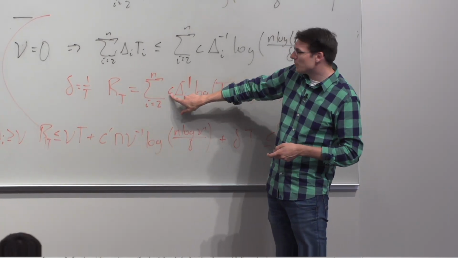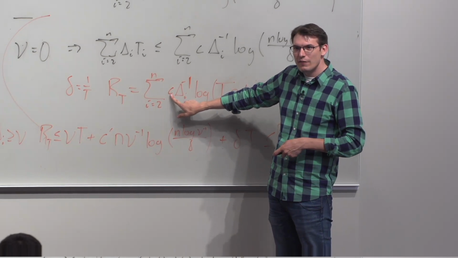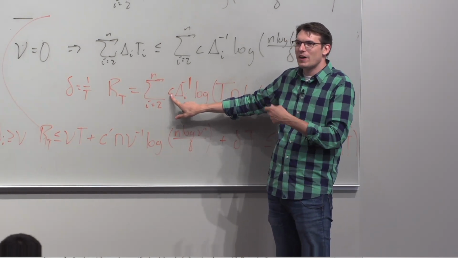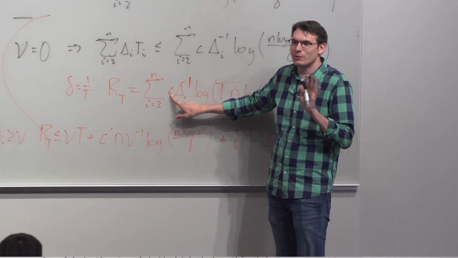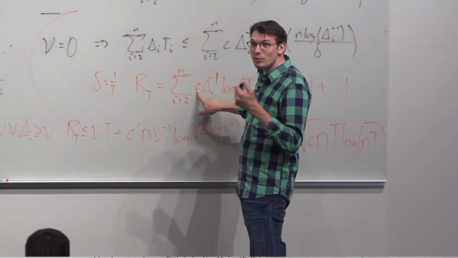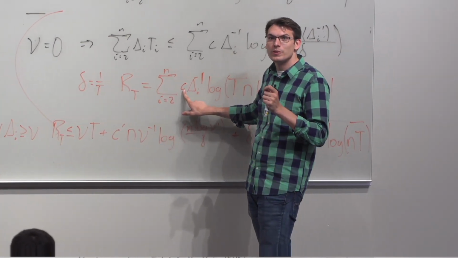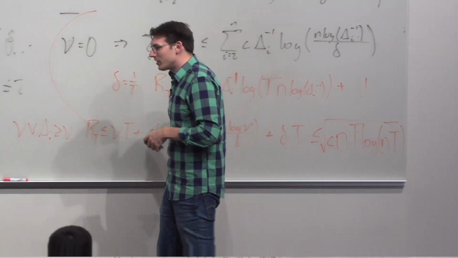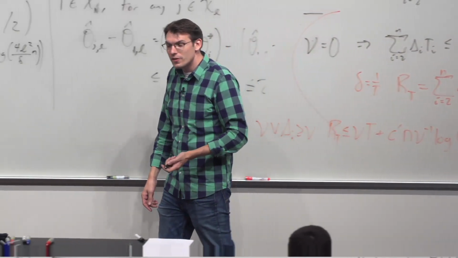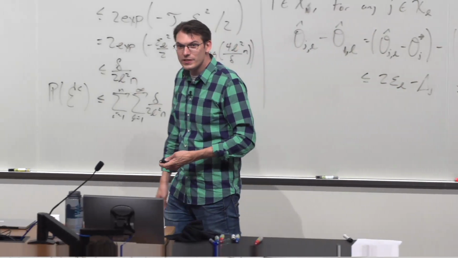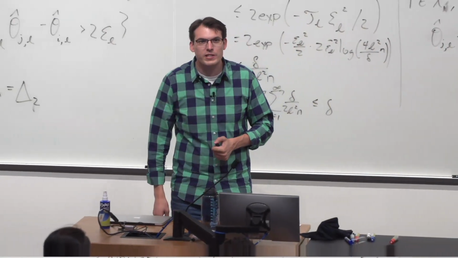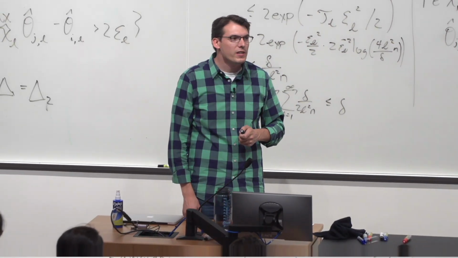We have an unspecified constant c here. If you push it through, I think it comes out to be like 512 or something, some egregiously large number. The optimal constant is 2, and there exist algorithms that achieve this. The analyses are complicated, but the algorithm that achieves it is not, and that is UCB.